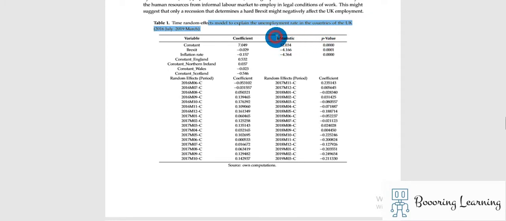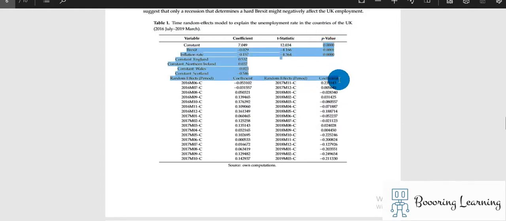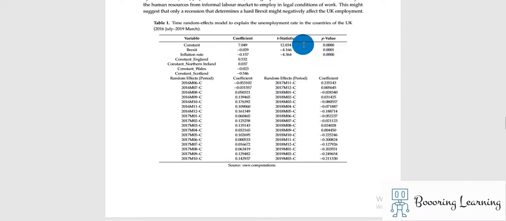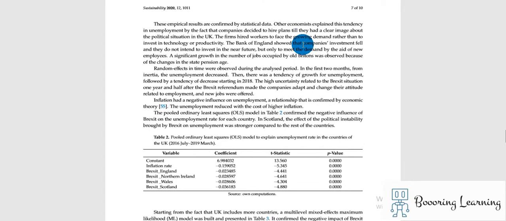The T statistic is given, and this is the p-value of those. These empirical results are confirmed by statistical data.